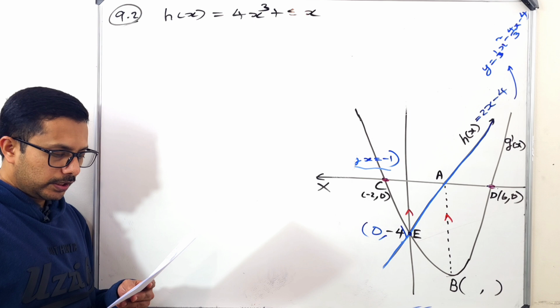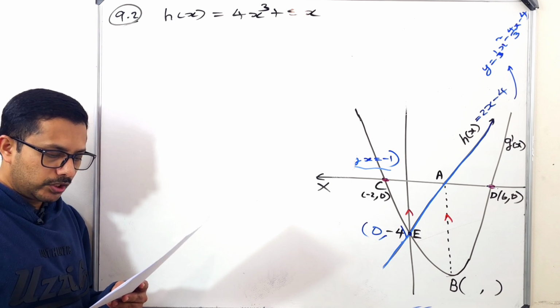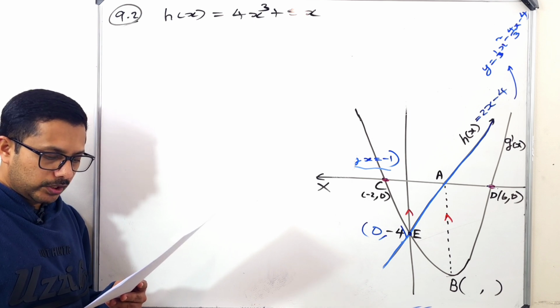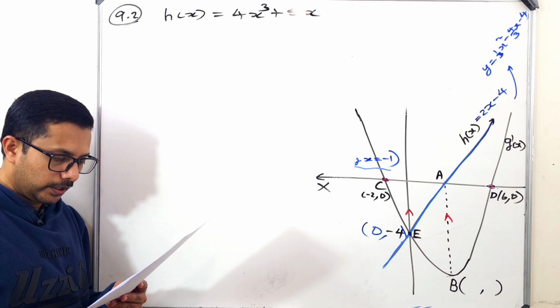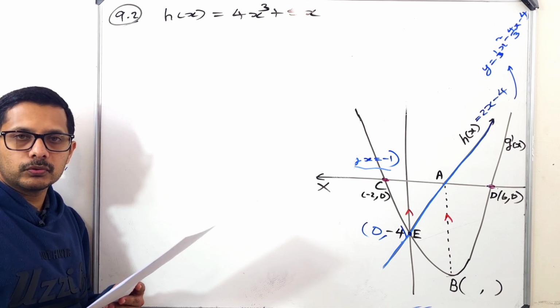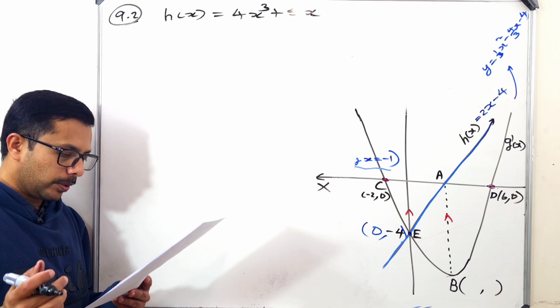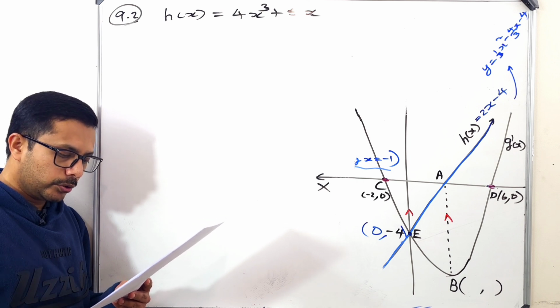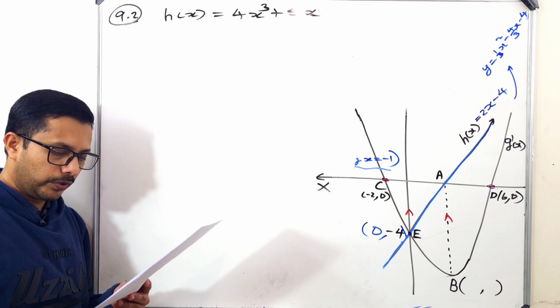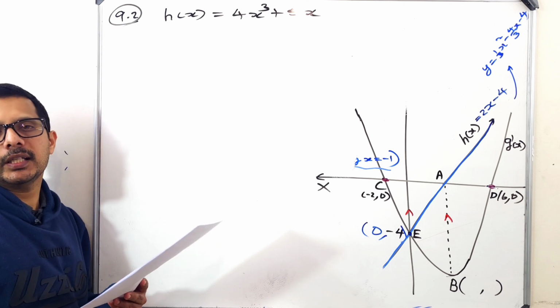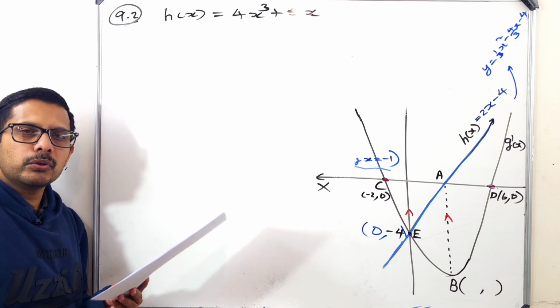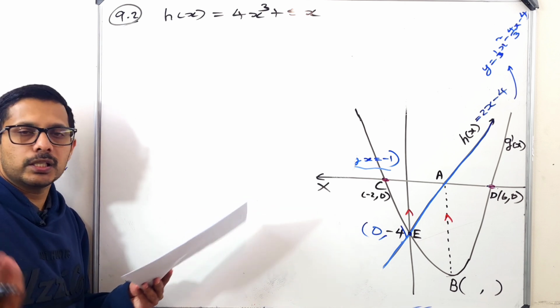Substantiate whether it is possible to draw a tangent to the graph of h that has a negative gradient. Wow. What is the meaning of that? Simple question, it is only 2 marks. So you have to understand the meaning of the question, then it is very easy.